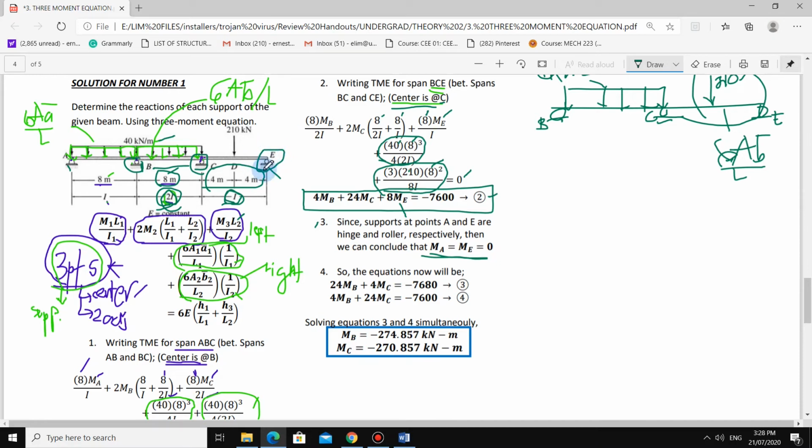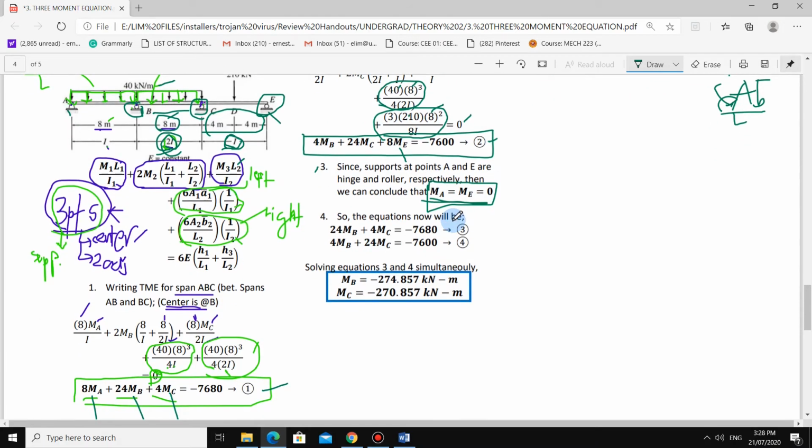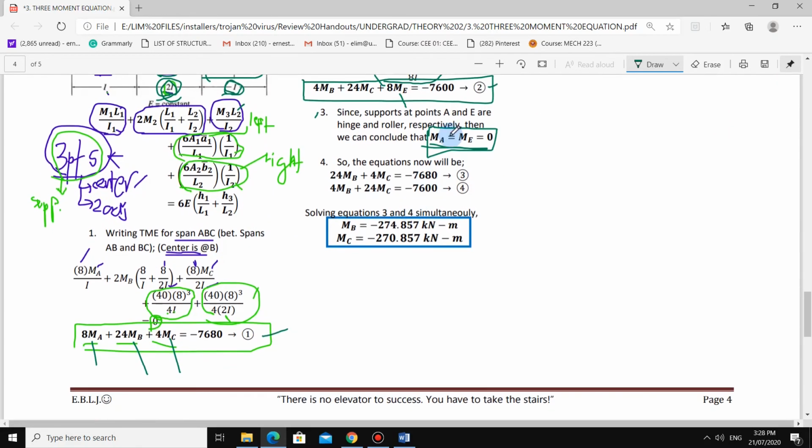Because it is not a fixed support. Okay, so there is no moment there, it will not generate a moment. So therefore MA and ME are 0. Okay? So that is the reason. So since MA and ME are 0, then in equation 1 we can eliminate them. So those become 0.